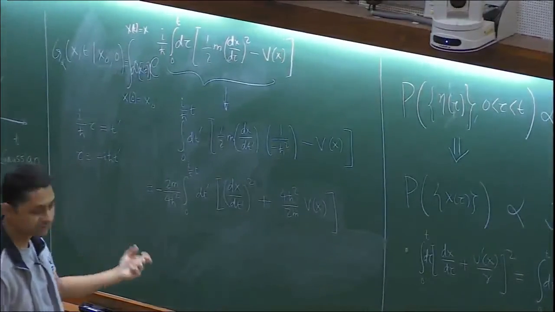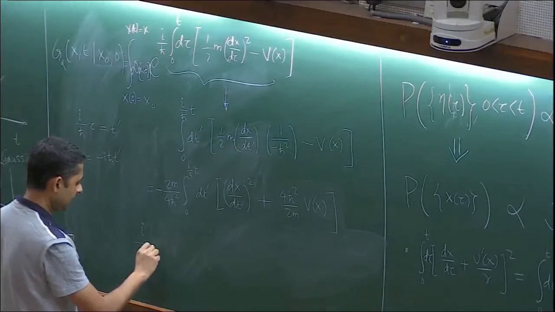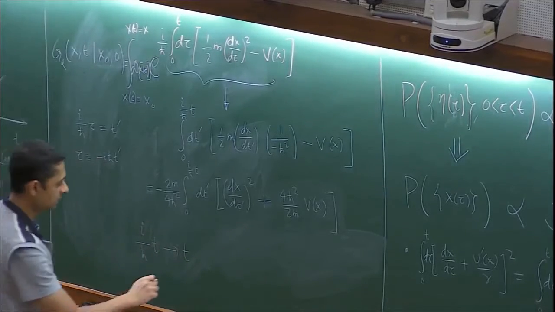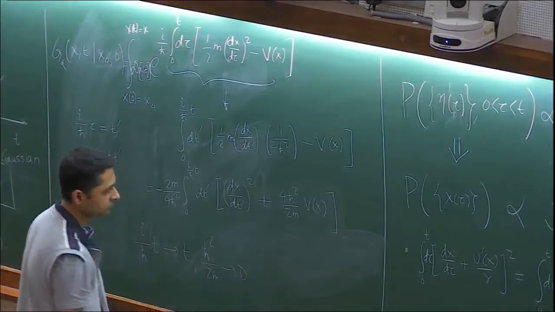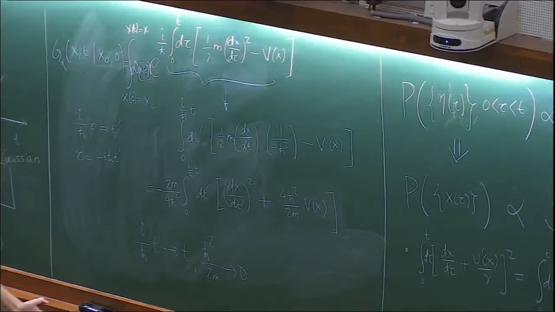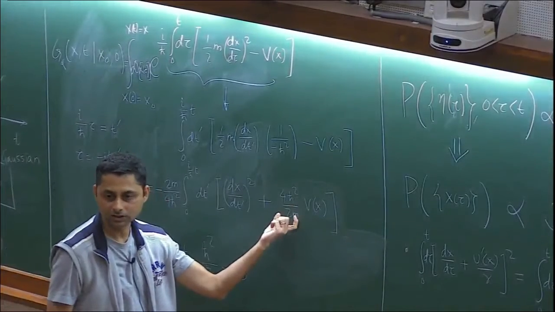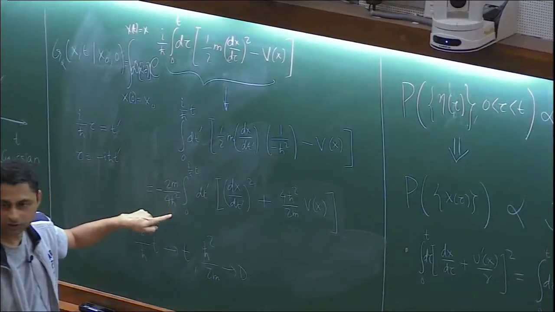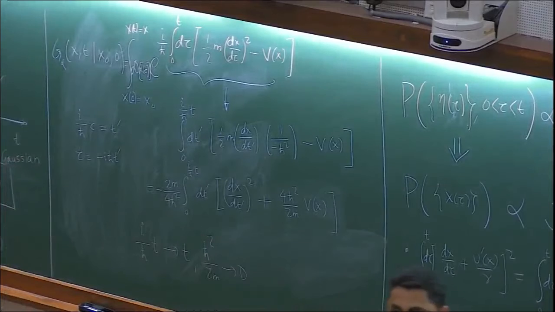If I make a change of variable, h cross goes to t, and h cross square by 2m goes to d. Because this one becomes 4d, this becomes t, this becomes 1 over 4d. So it's exactly the same as that one.